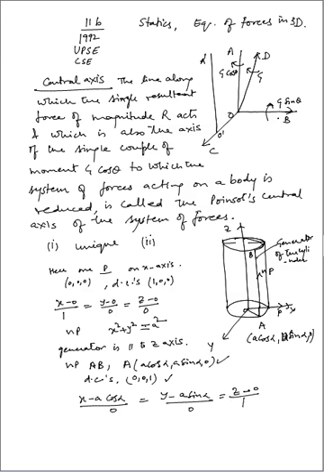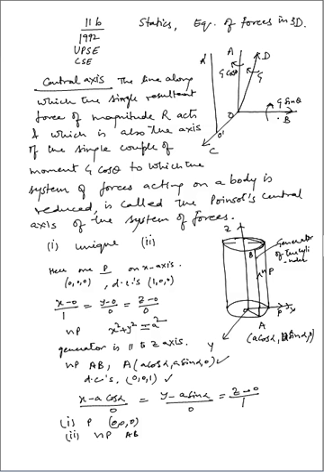So there are two forces which are acting on the body. First is force P acting at the point 0 0 0 along the x-axis, and second is force nP, which is acting along AB, where A's coordinates are a cos alpha, a sin alpha, 0, along the generator AB.